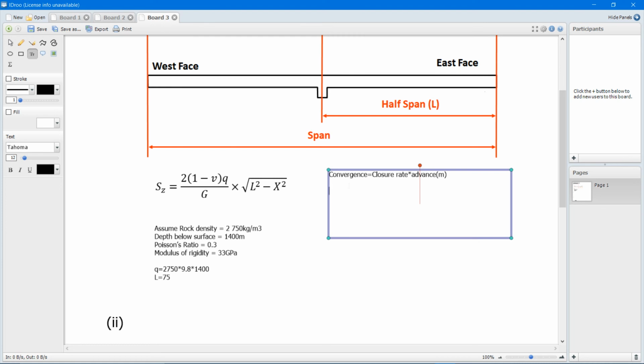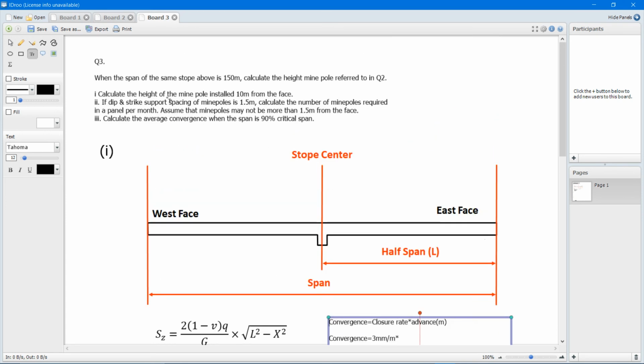So convergence is equal to your closure rate of 3 millimeters per meter of advance multiplied by the advance.